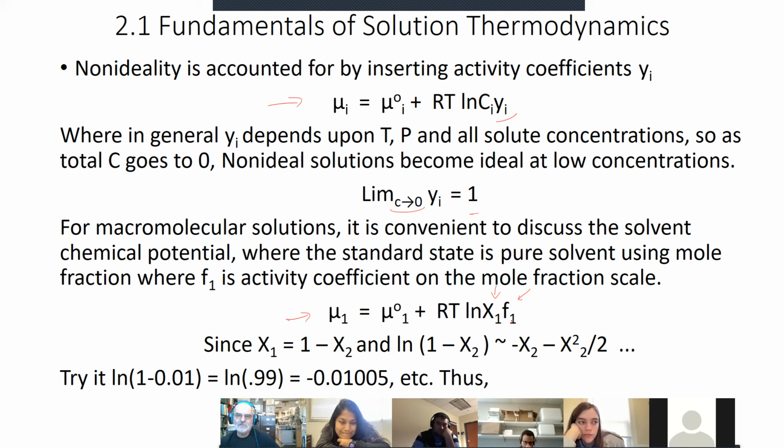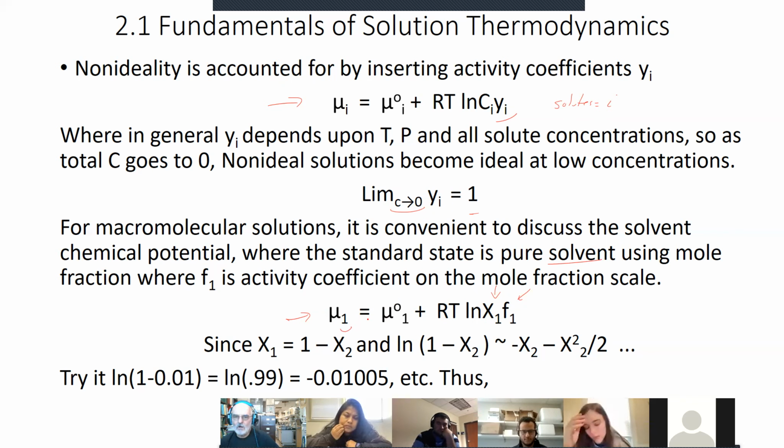And what we want to do is talk about the way the transition occurs in the book. They say, these are the macromolecules. These are the solutes that we're talking about here. The I's refer to solutes. The component 1 refers to the solvent. And so we could write an expression down for the solvent in exactly the same way.